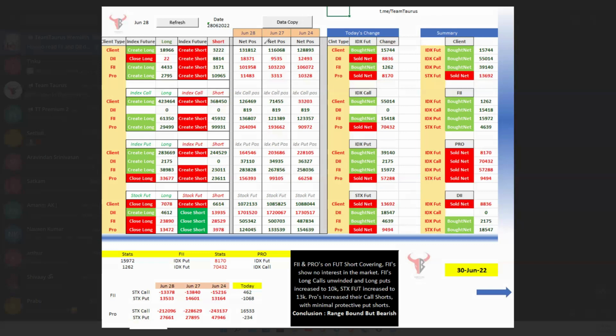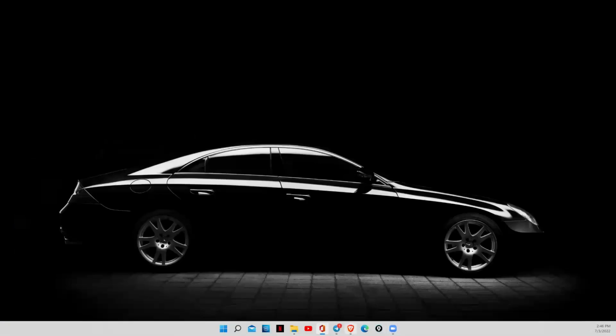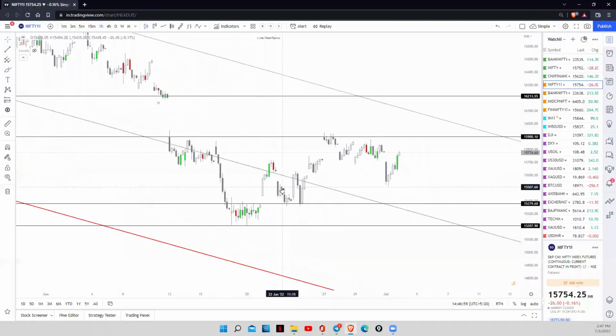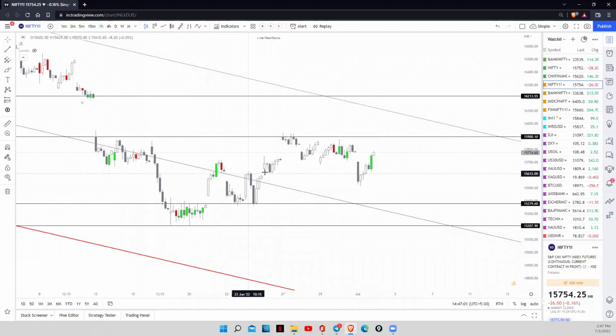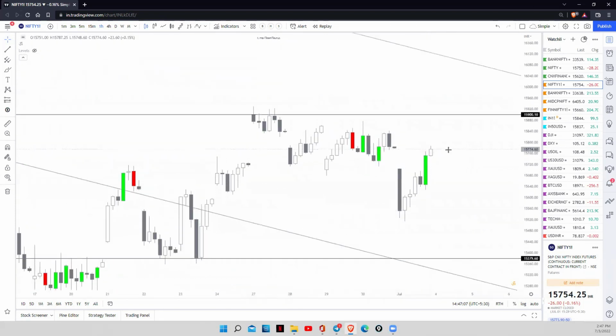So let's go back. What happened on 28th? Let's check what happened in the market on 28th. See, the market is bearish as expected. It did come down.